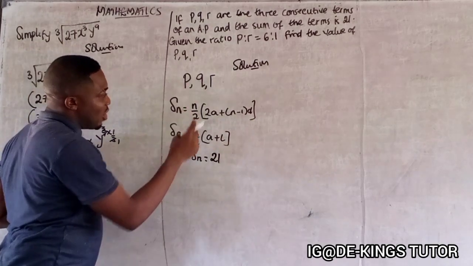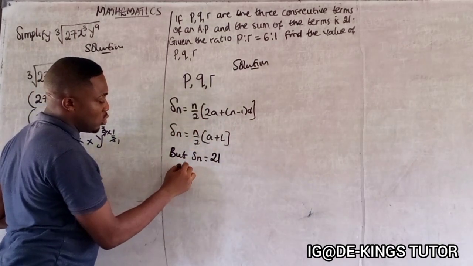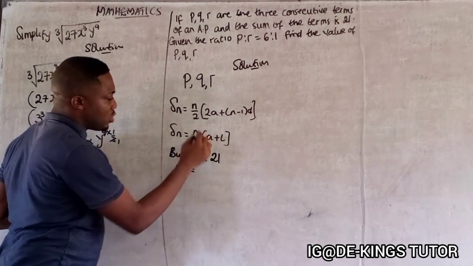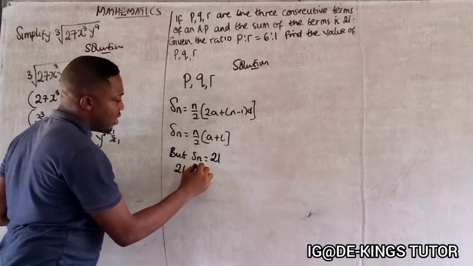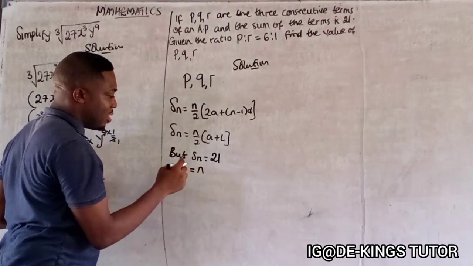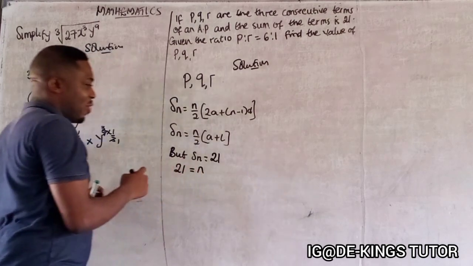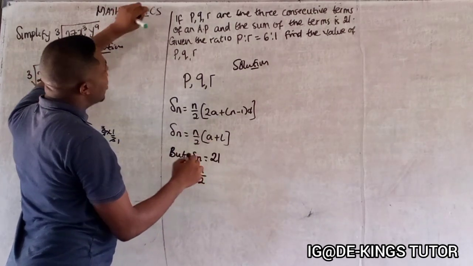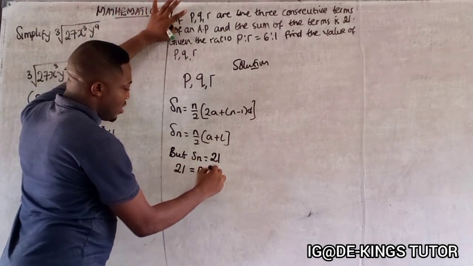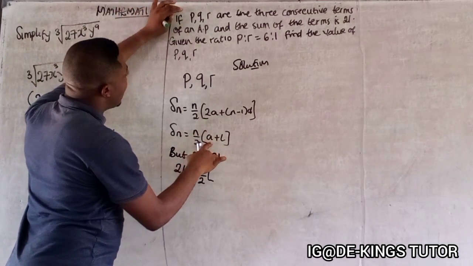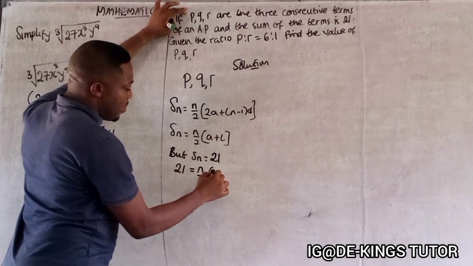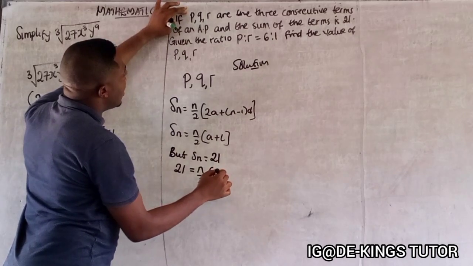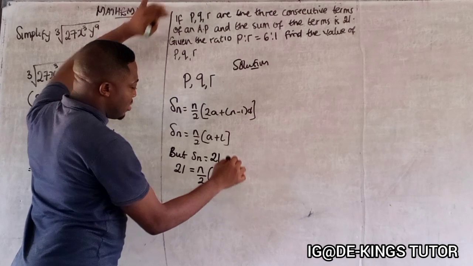Now from there, if we substitute, that is 21 equals n over 2 into a. What's the first term here? P. Plus, what's the last term? R. P plus R.